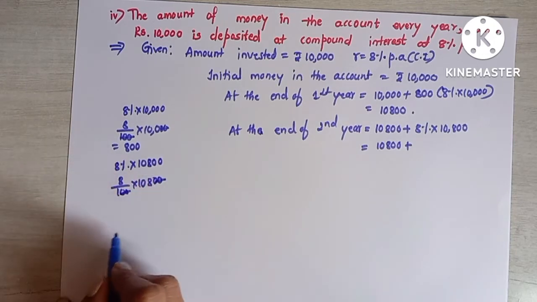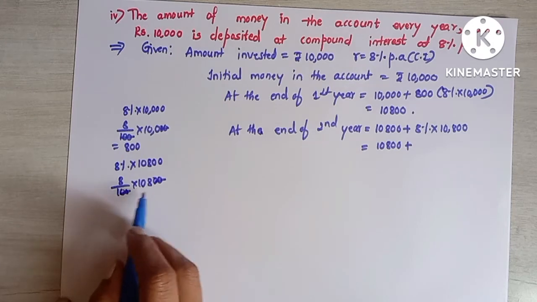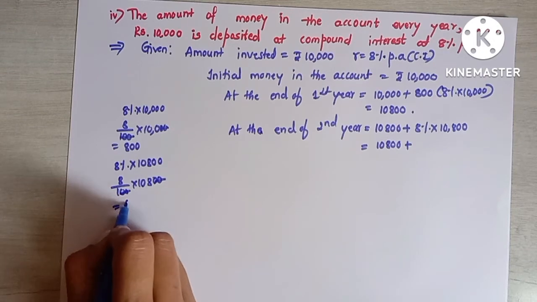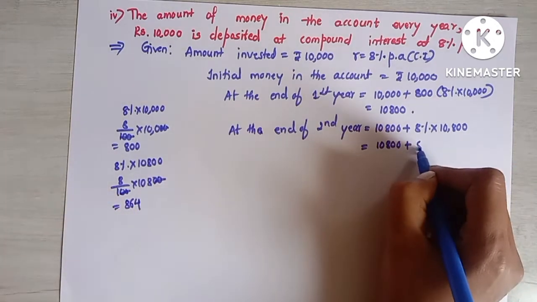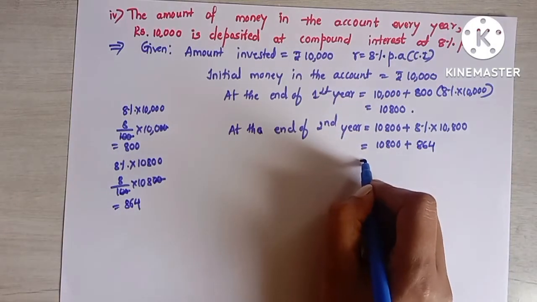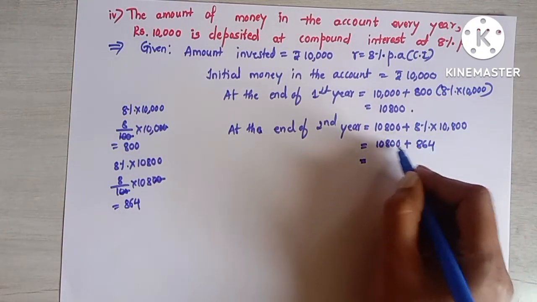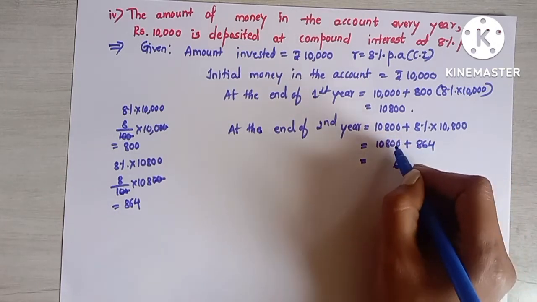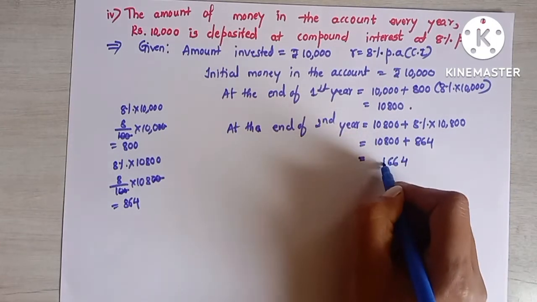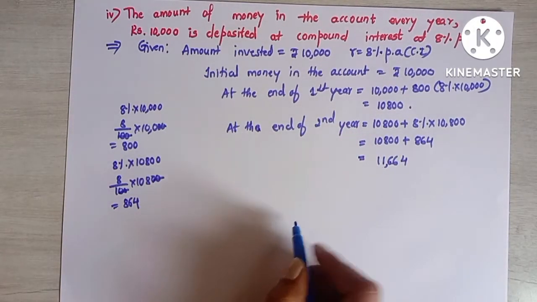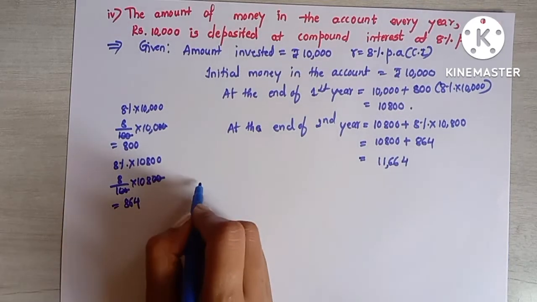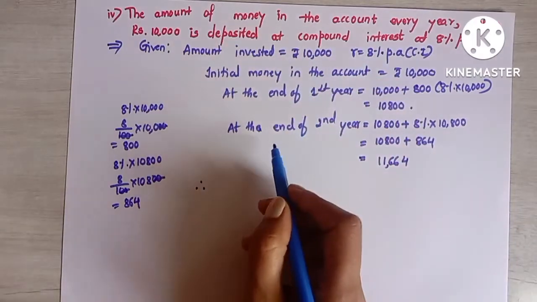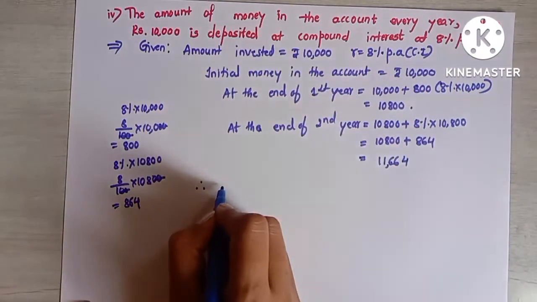So the 100 gets cancelled. 108 into 8 is 864. So the total will be 11,664 rupees.